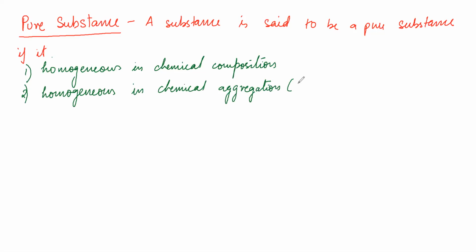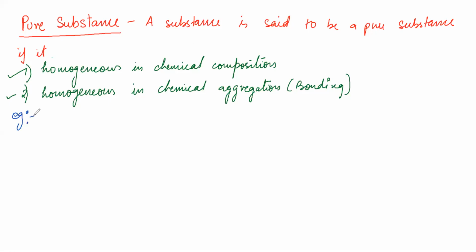We are talking about the bonding between the molecules, right? So a pure substance satisfies the two criteria. It should be homogeneous in chemical composition, and it should be homogeneous in chemical aggregation. जब तक ये दोनों criteria simultaneously satisfy नहीं करेंगे, we cannot say any substance to be a pure substance.